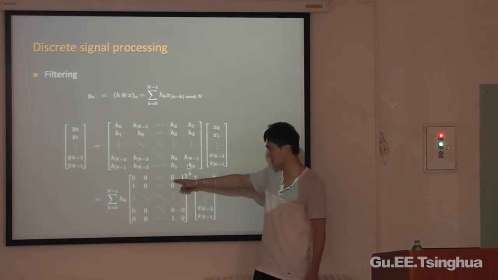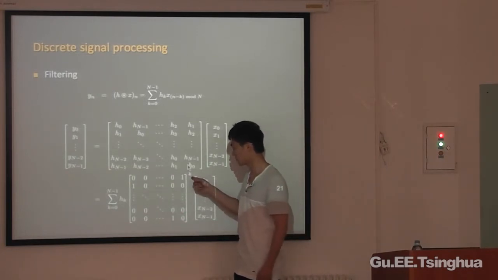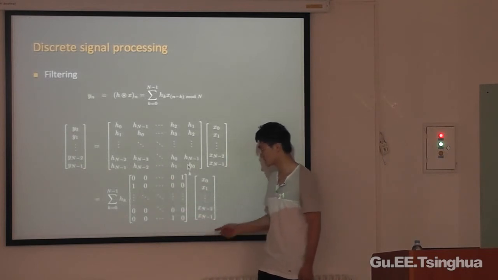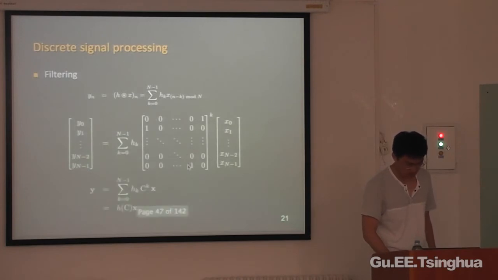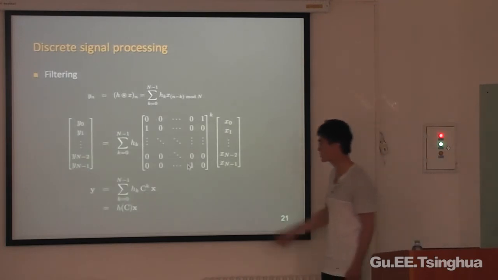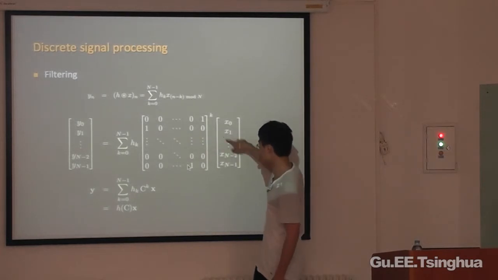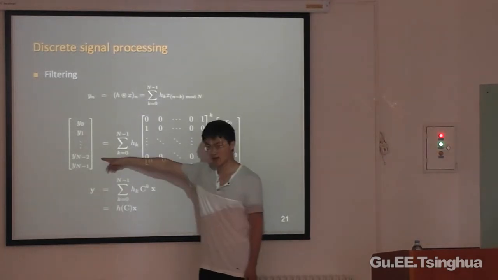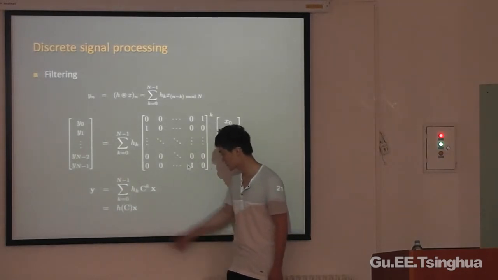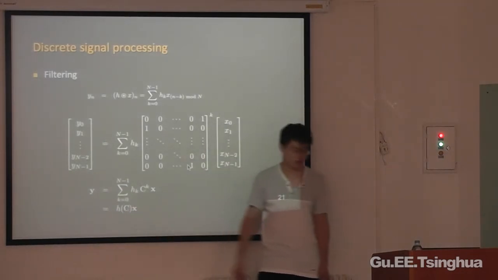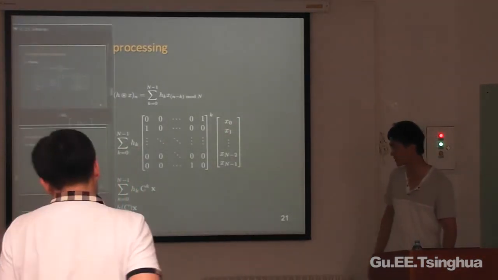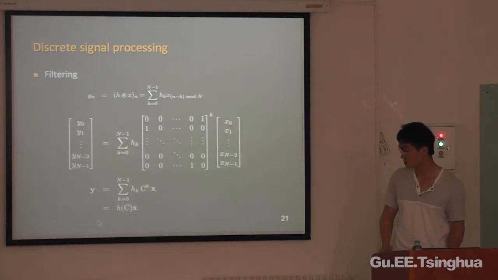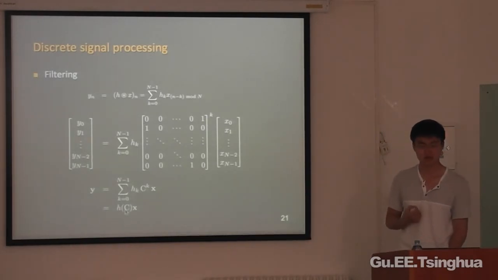It's the cyclic permutation matrix C, and it's a polynomial of that matrix working on X. In other words, we replace this by C, and this is X, the input signal, and we get the output signal Y. So it's some polynomial of the cyclic permutation matrix. I like this form better because it's more clear.